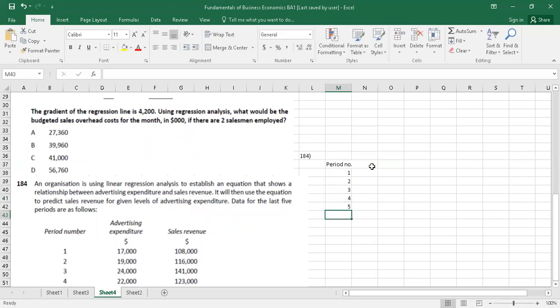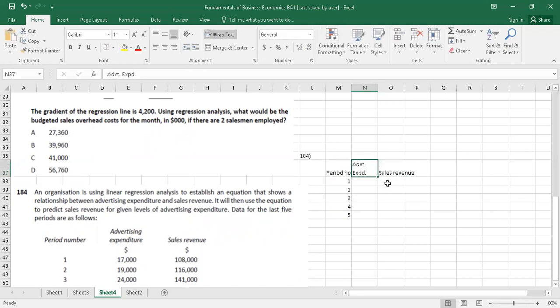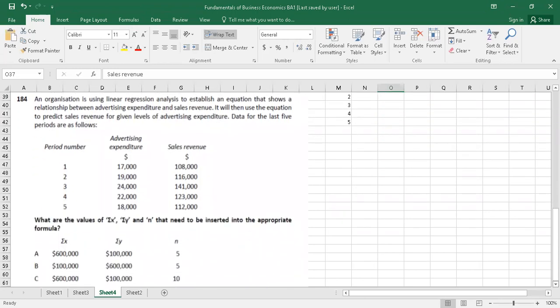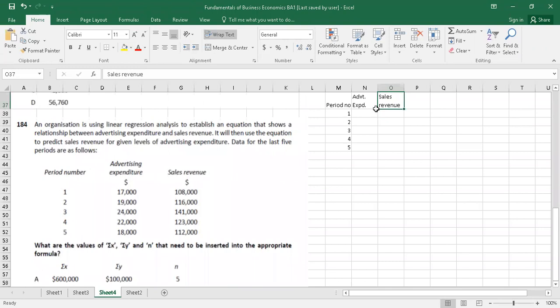And then we have advertising expenditure, and then we have sales revenue. The figures are 17,000, 19,000.